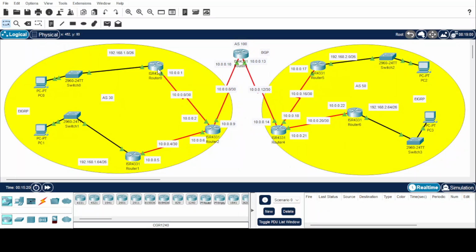After router 0, we'll do the same thing for router 1.